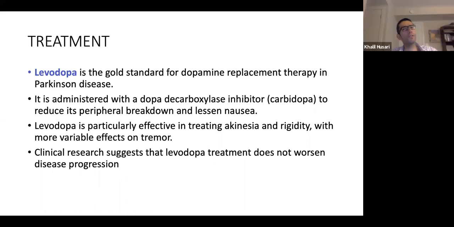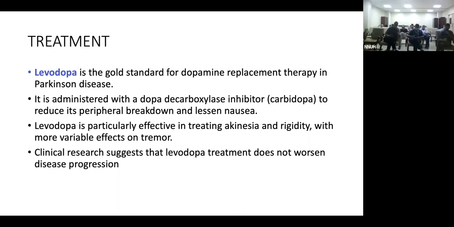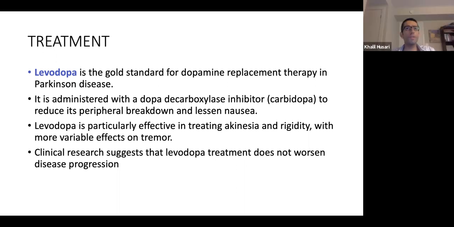Now, there's this long debate in Parkinson's disease about whether levodopa will make Parkinson's disease worse. And that's why, historically, we don't give young patients with Parkinson's disease, less than 7 years, the Sinemet, which is levodopa-carbidopa; we treat them with other agents.